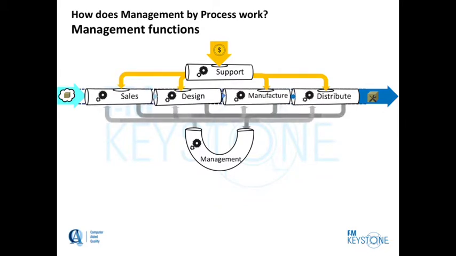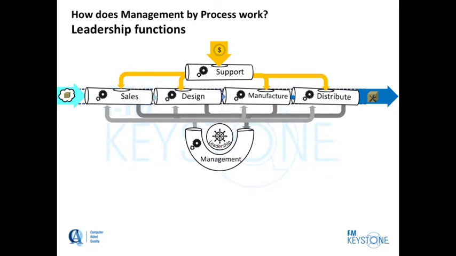Management functions monitor, evaluate, and adjust the operation and the support functions by doing business planning, risk and opportunities management, performance evaluation, correction, and prevention. And finally, the leadership functions, which are the ones that steer the whole thing when needed.